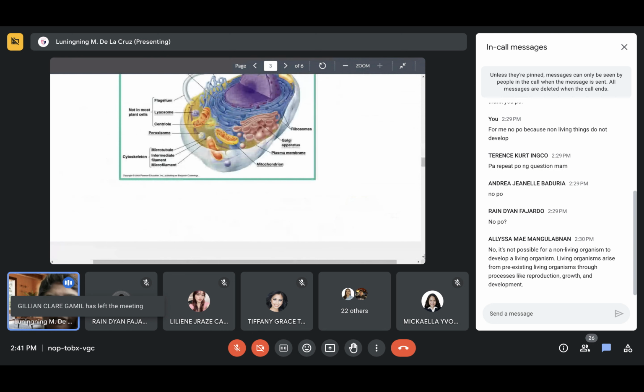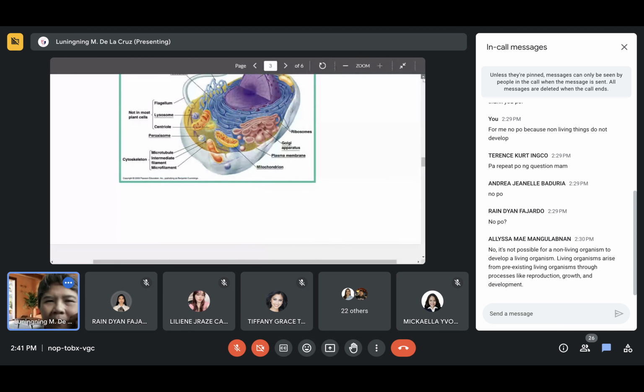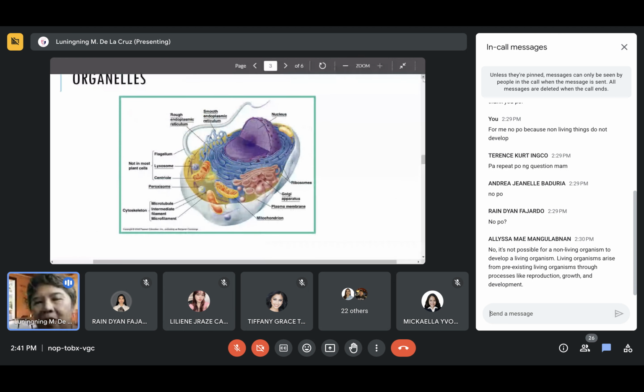So the organelles. A while ago, the clarity of the picture was very poor in the first part. But here, you can see the endoplasmic reticulum. And then there are two types of endoplasmic reticulum. The rough endoplasmic reticulum. Remember that the rough endoplasmic reticulum has ribosomes attached to it.